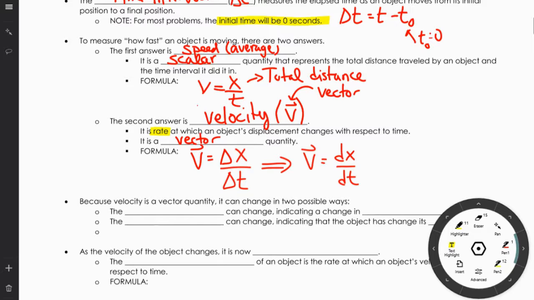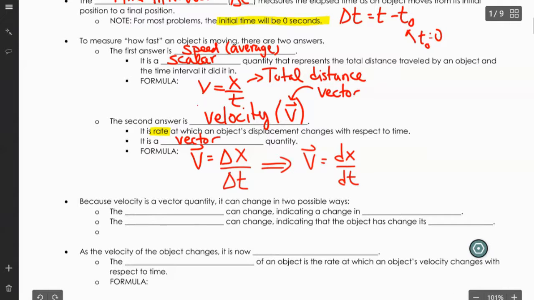Now, because velocity is a vector quantity, it's going to change in two ways. The first way is that the magnitude can change, which indicates that there's a change in the speed. So the way you can think of velocity is speed and direction.